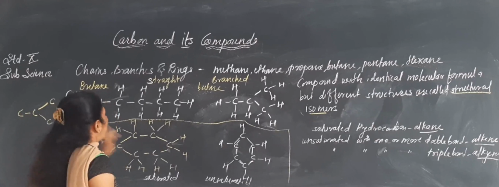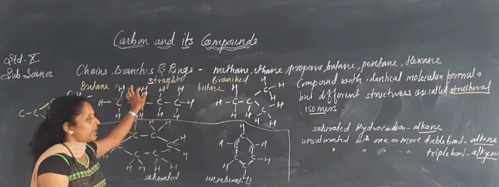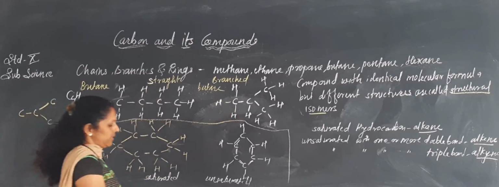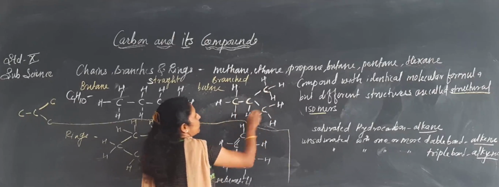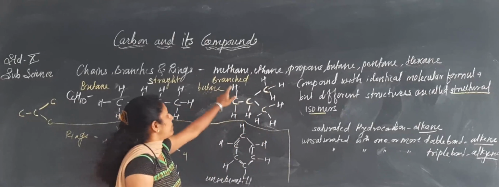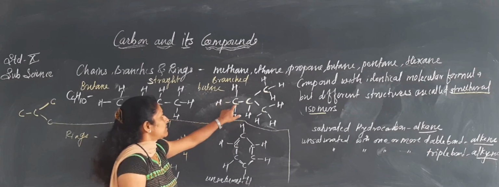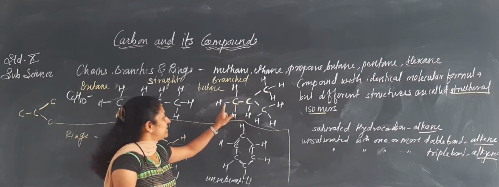C4 you should draw, and this is called the straight chain form of butane, and this is the branch form. Here I draw 4 carbon atoms, 1, 2, 3, and 4, in the form of a branched structure. Show the hydrogen atoms here. First one carbon is there, 1, 2, 3, and another linkage is there with another carbon, so the fourth carbon.